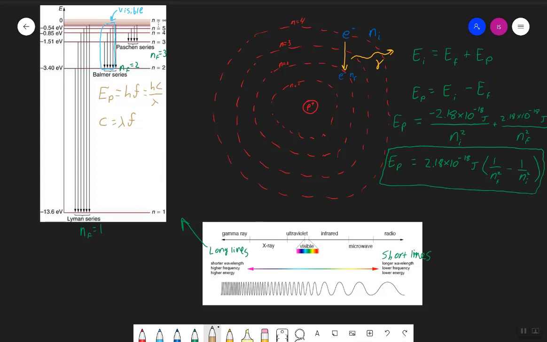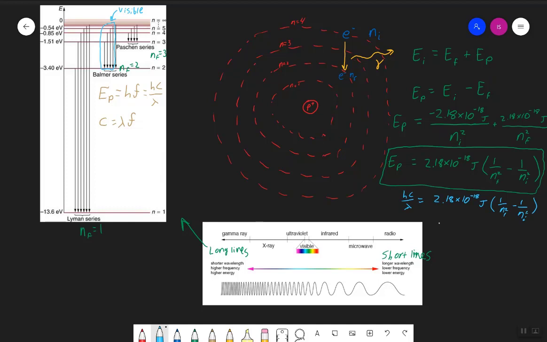Okay, so E is hc over lambda, which is equal to 2.18 times 10 to the negative 18th joules times 1 over n final squared minus 1 over n initial squared.